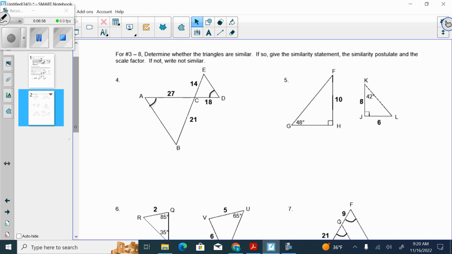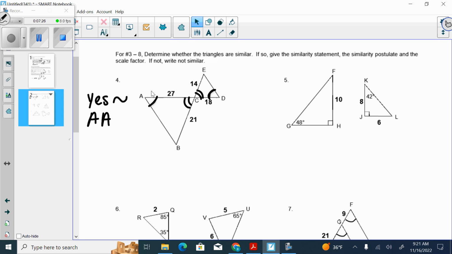So on number 4, how many pairs did they mark for us? 1. They got one pair of congruent angles. Is there any that are not marked that we could add in? Vertical angles. So now I have two pairs of congruent angles. That's enough for me to say, yes, these two figures are similar by the angle-angle similarity postulate.